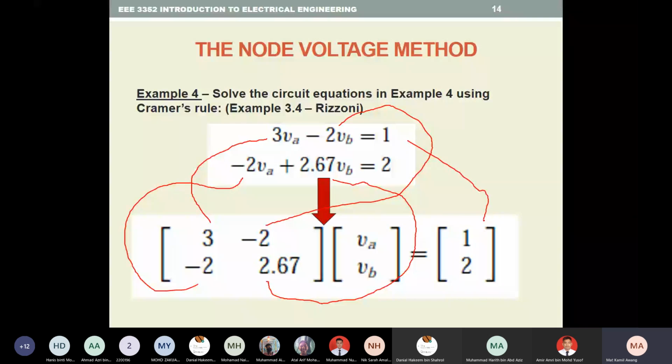So you set up this. If it's 3 by 3, it's also the same. If you have 3 equations, then you have a 3 by 3 matrix here, depending on how many variables you have.